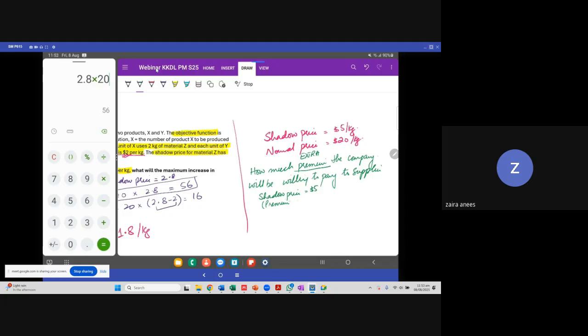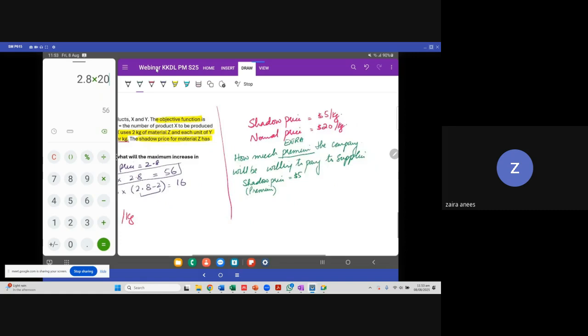Now, if the same examiner asks you to calculate the maximum price which the company will be willing to pay to the supplier.